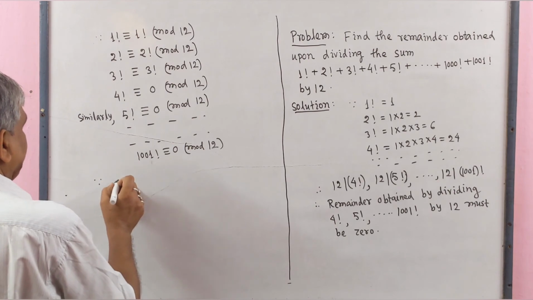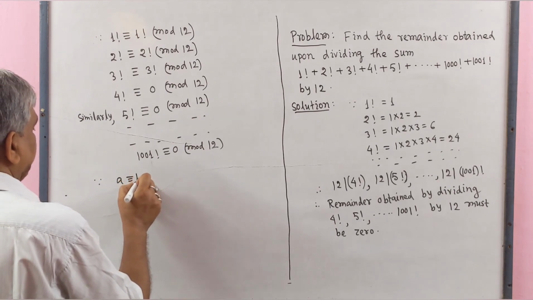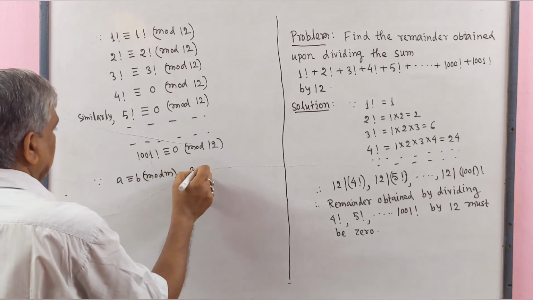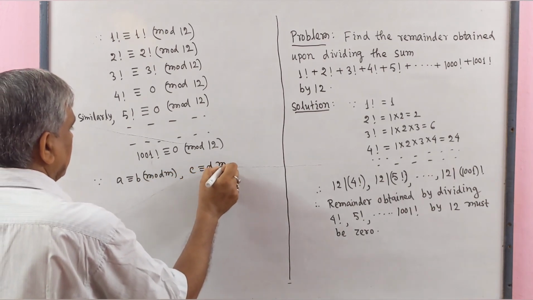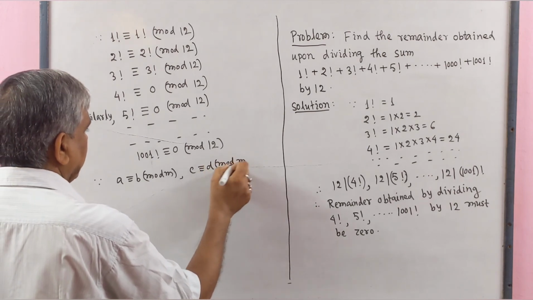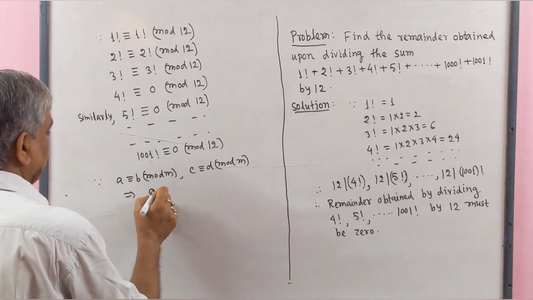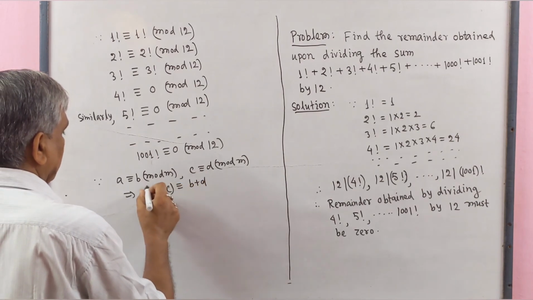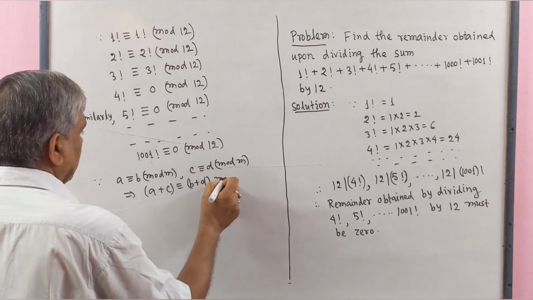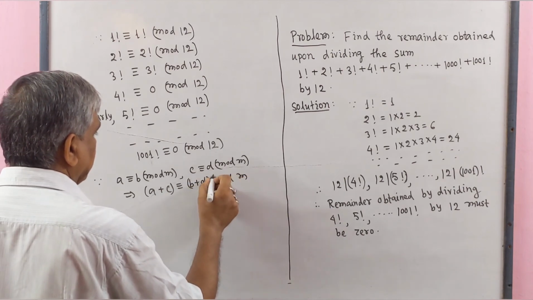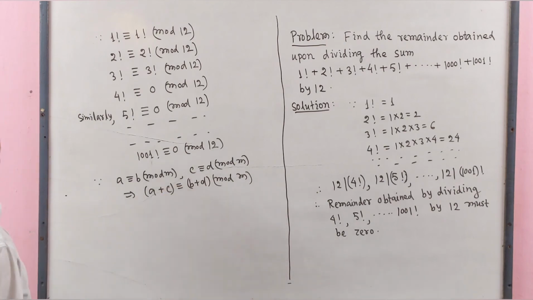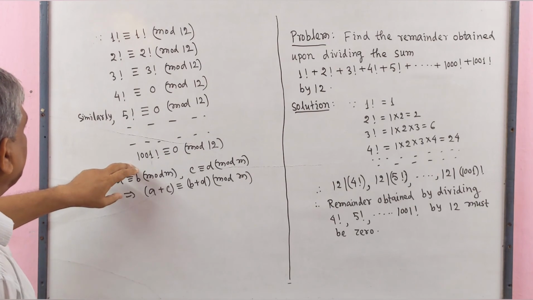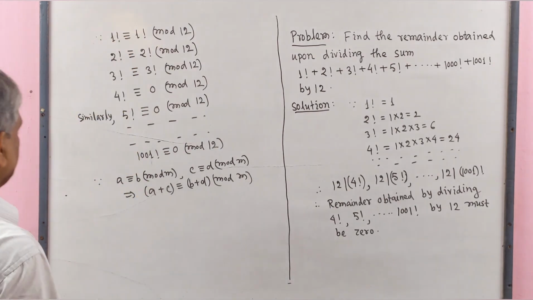Since we know that if A is congruent to B modulo M and C is congruent to D modulo M, then A plus C is congruent to B plus D modulo M. Using this concept, we may add the left sides and also the right sides.